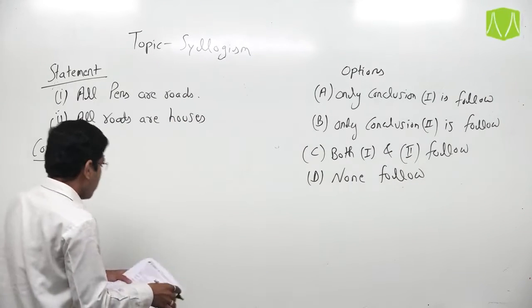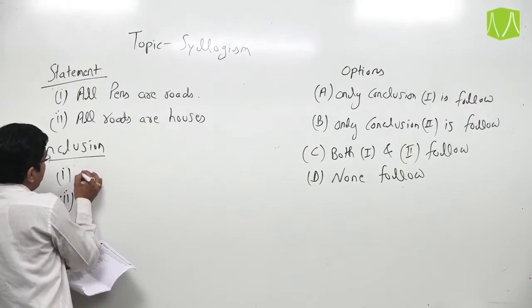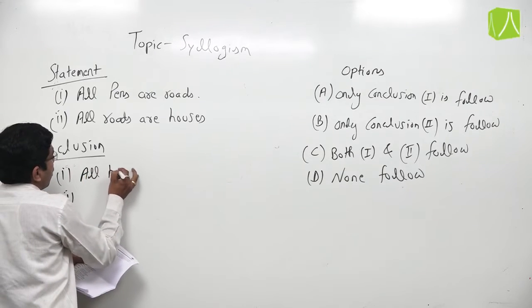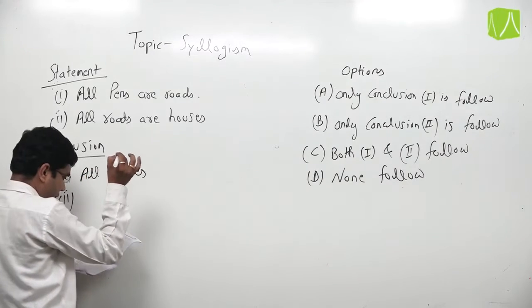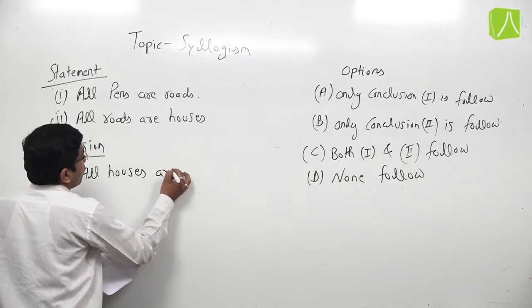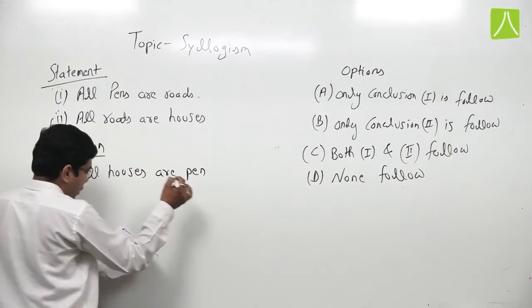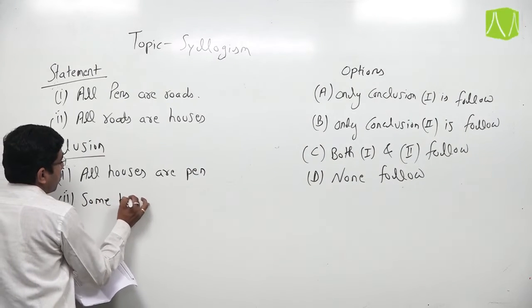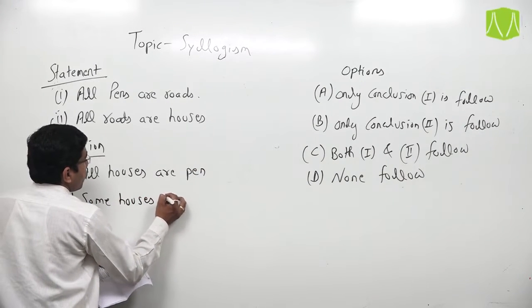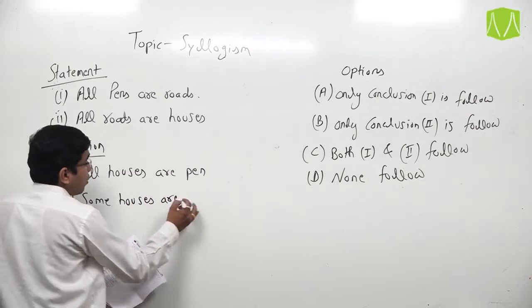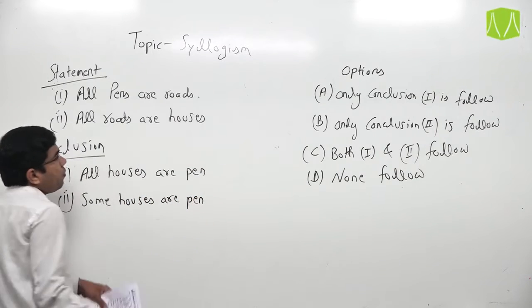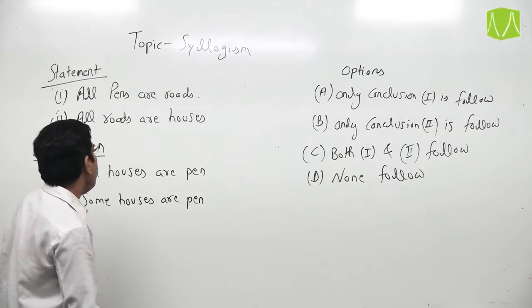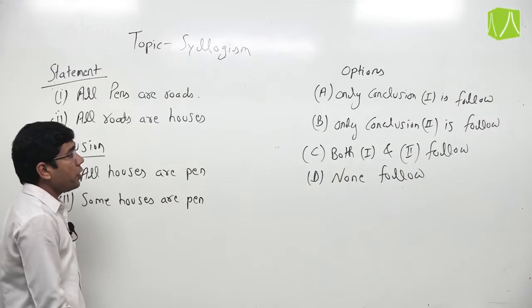First conclusion: all houses are pens. Second conclusion: some houses are pens. On the basis of these two statements, we have to find which conclusions follow.